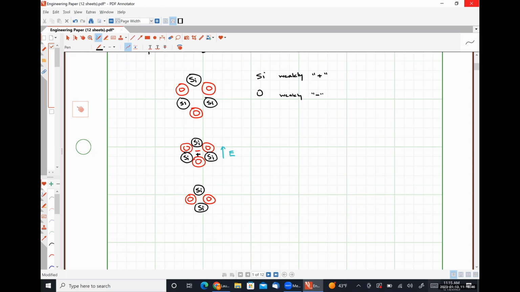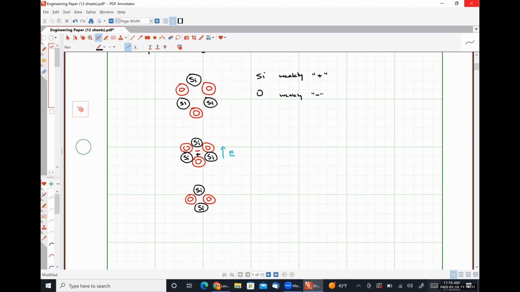What happens when we compress this crystal? The center of the positive charge is still in the middle, and the center of the negative charge is still in the middle, because we don't have any movement of the point of average charge, or the centroid of charge. We're not going to see a piezoelectric effect.